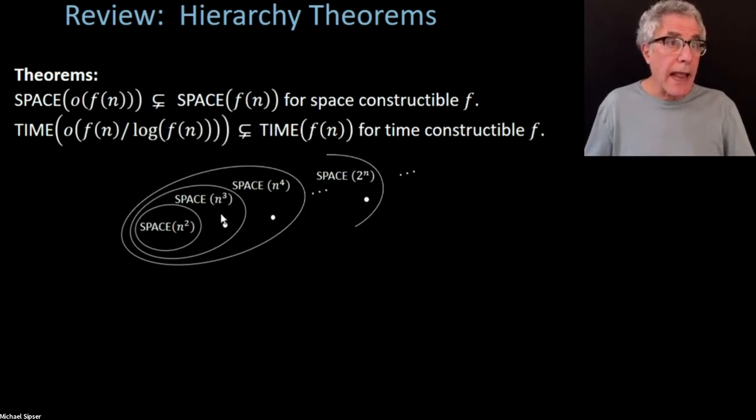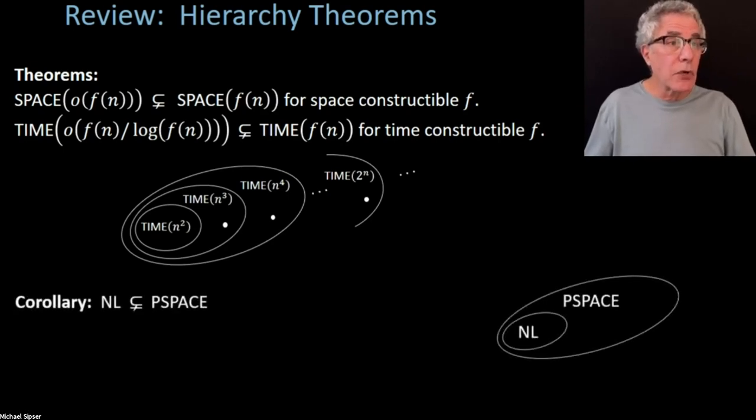So as you add more time, or let's say in this case space, from n squared to n cubed to n to the fourth, you get larger and larger classes, which I'm illustrating here by putting a dot there, which shows that there's something that we know that's new in those classes as you go up these different bounds. And this is going to be true for space complexity, and it's also going to be true for time complexity.